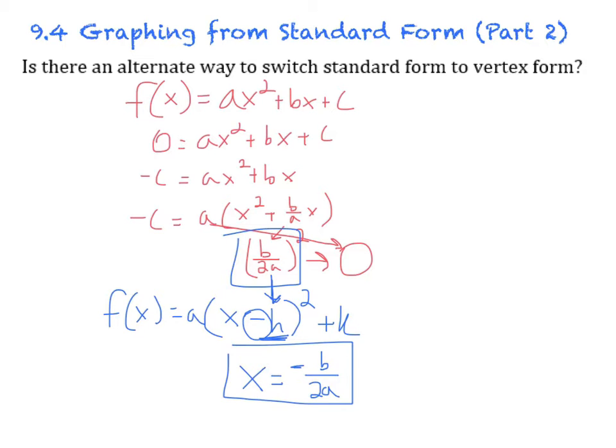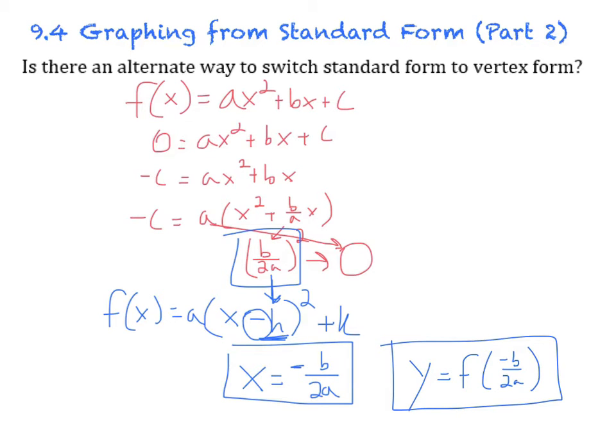And if I figure out the x value of my vertex, to find the y value of any function, if you're given the x value, you just plug it in. So as soon as I know negative b over 2a is my x value, I know my y value is going to be whatever f of negative b over 2a is.